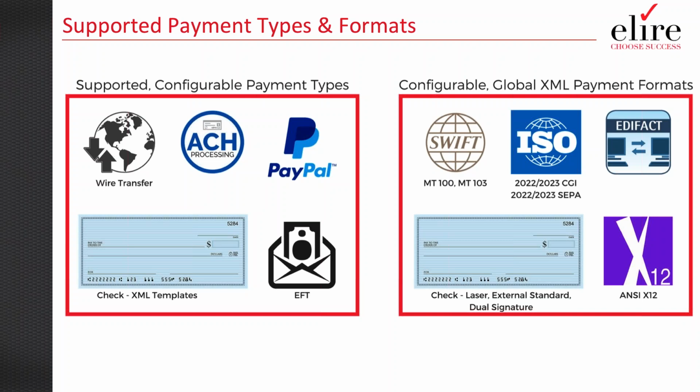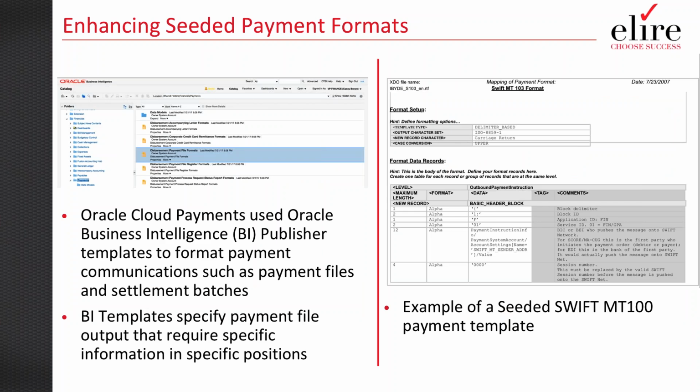For those of us that have been around these applications for a long time, we understand that the seeded formats don't always work. What we mean by that is every bank in the world might say that there's an ISO standard, but every bank has some slight variance to an XML tag or the length of a field or the placement of fields, whatever it might be.